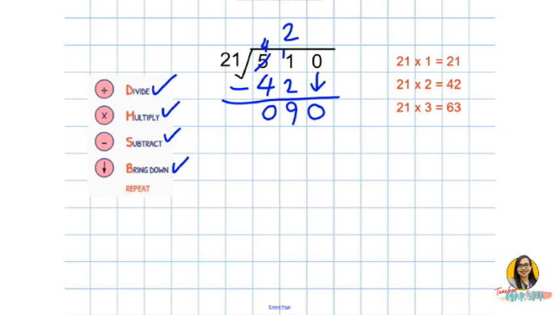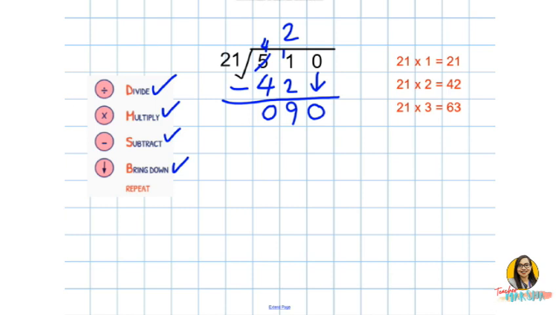So in the steps, we have to repeat again and go back to division. That means we're going to divide 90 by 21. How many groups of 21 are there in 90? So for you to find out, you can continue listing down the multiples of 21, or you can also do trial and error and multiply 21 with different numbers.